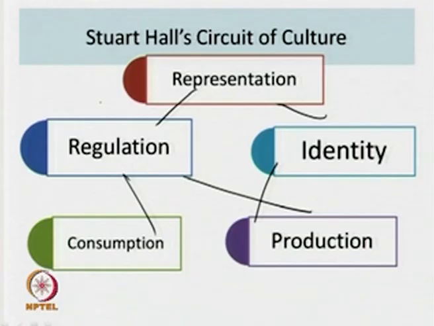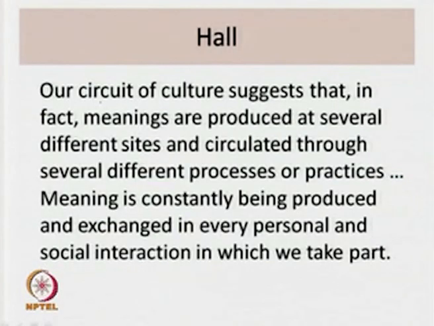It is again part of a system in which you cannot talk about representation without talking about the regulation of meaning. You cannot talk about the regulation of meaning without talking about identity. You cannot talk about consumption without talking about how meaning is produced in the first place, how things are represented in the first place.